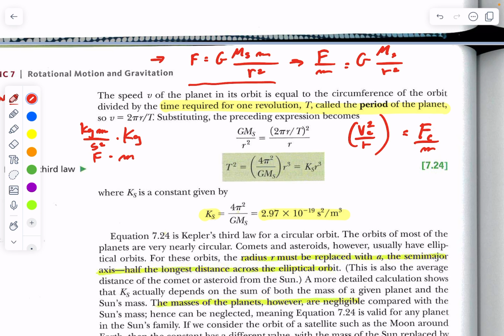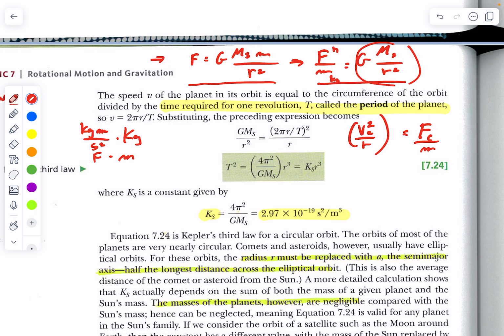And so I get this equation right here. And you will notice that my units are going to be newtons per kilogram. And then if I look at these units over here, and I were to reduce those to their simplest form, I get the same thing. I get newtons per kilogram.